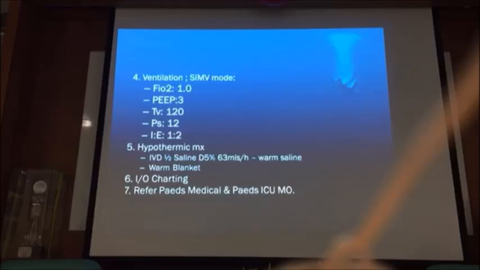So minute ventilation should be more than 10 to 12. In my view, if you keep the minute ventilation high, the patient may develop barotrauma, because in order to give high minute ventilation, you need to give high rate, so high rate with high tidal volume.